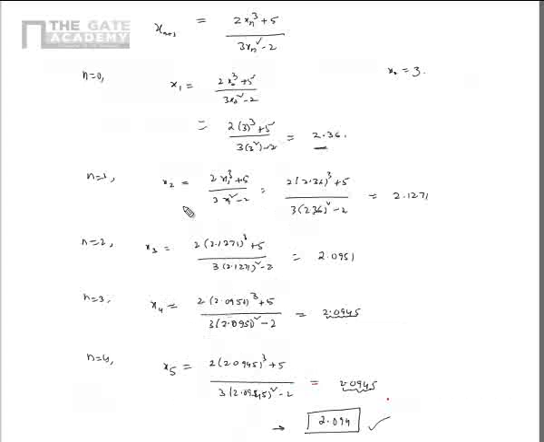So we have basically seen three methods here. The bisection method works by bisecting the interval into half every time and checking for the root in the interval, and that's the idea by which it approaches the real root.